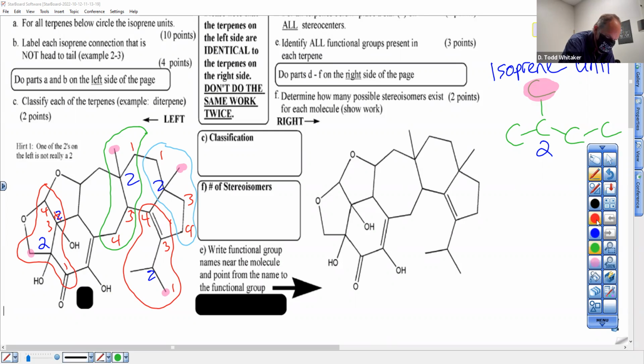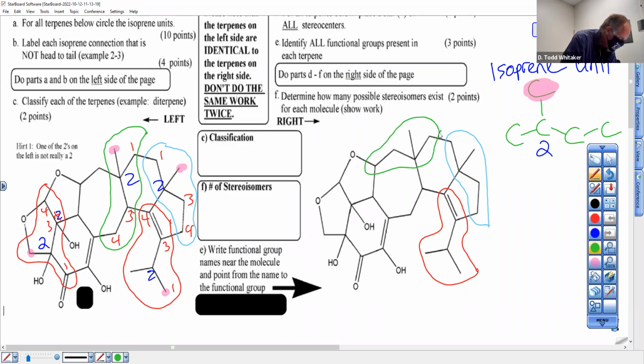And we started with a red one. And we went up there. And then she's got a baby blue one. 4, 3, 2, 1. And then up here, we went with the green one. She changed the green one. 1, 2, 3, 4.